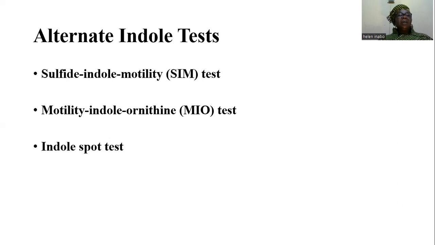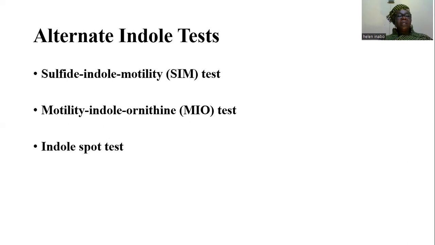The second alternate indole test is the motility indole ornithine decarboxylase test. Here again, 3 tests are combined in one test.